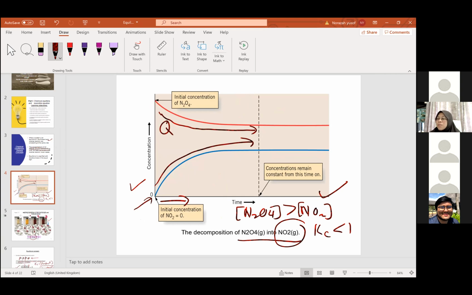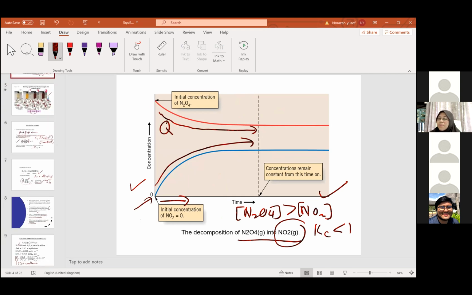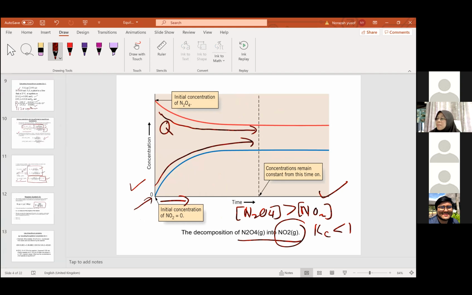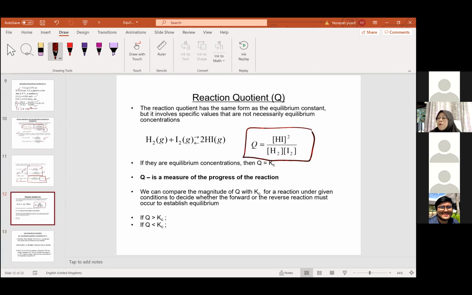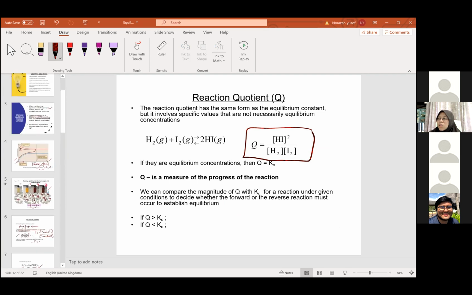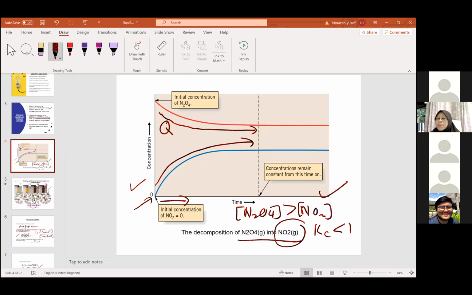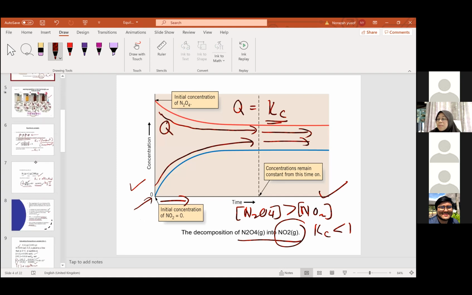Whenever you express the product over reactant before the equilibrium is achieved, it is called reaction quotient. But once you achieve equilibrium, now it is called Kc. So Kc is where Q is now similar to Kc. But before equilibrium, Q is just a measure of the progress of the reaction.